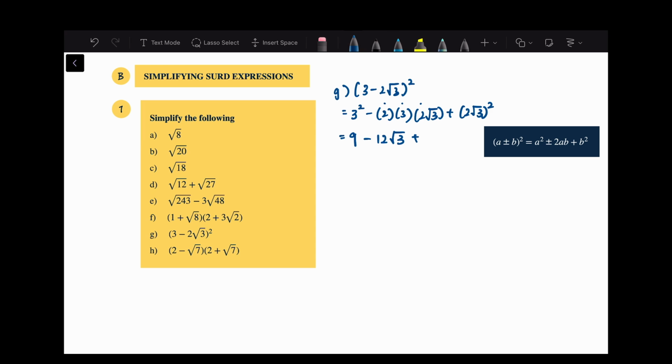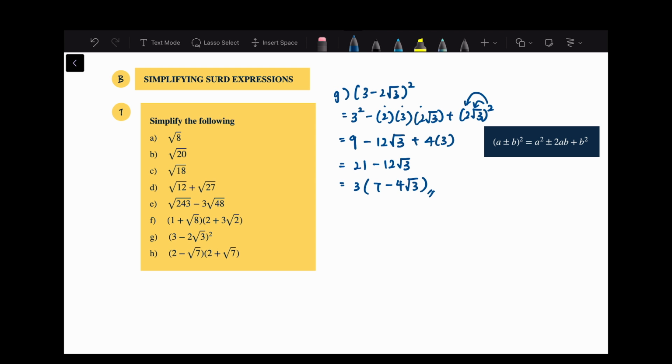And to simplify this expression here, what we need to do is to take 2 squared and square root 3 squared, which gives us 4 multiplied by 3. To simplify this further, we will have 21 minus 12 square root 3. Now if you want to go one step further, we can factorize by taking out 3, and we'll be left with 7 minus 4 square root 3.